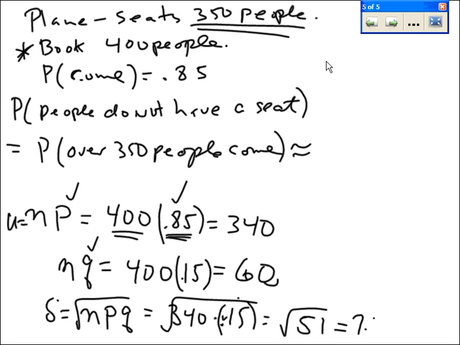So with respect to our graph, the mean is 340, and the standard deviation is 7.14.